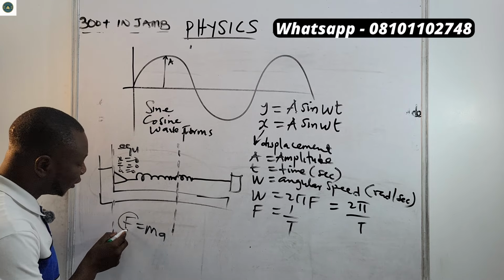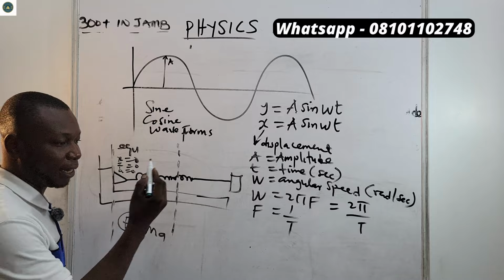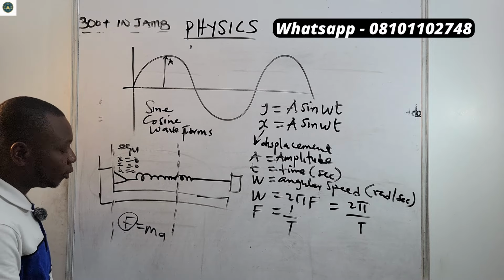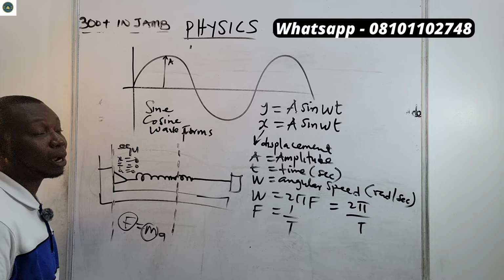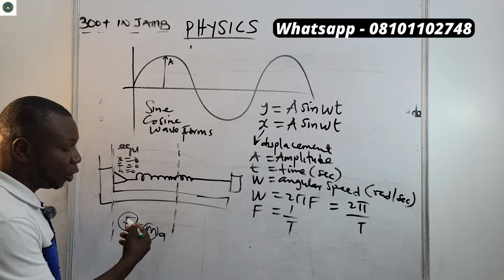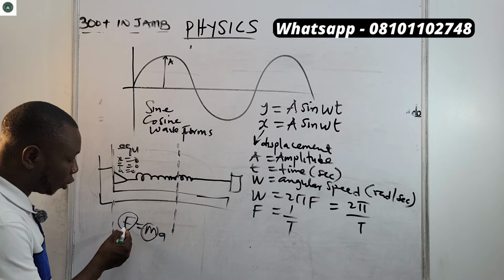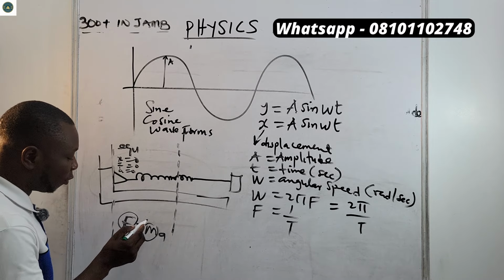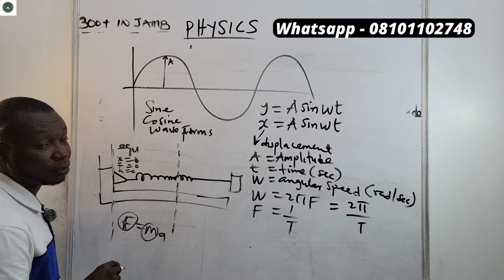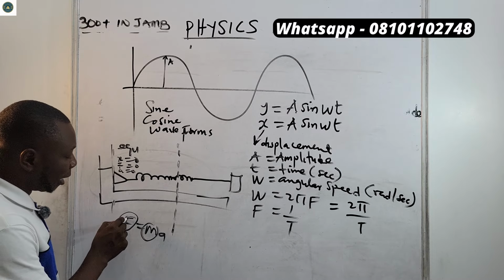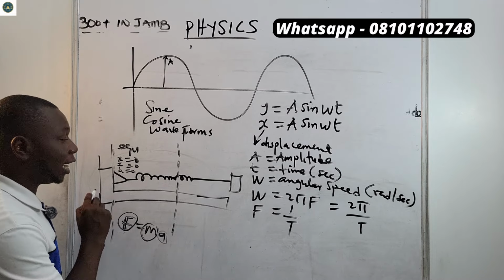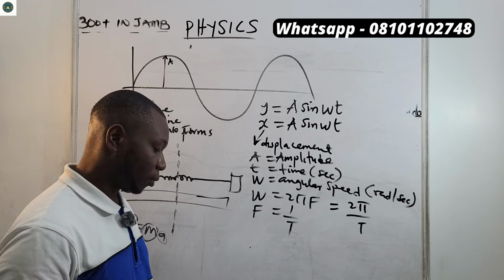So when force is 0, there is no force being applied. No matter if the object has a mass of 1,000 grams, there will be no movement because there's no force setting the mass of this body to move. So in the absence of force, definitely acceleration will also be 0.